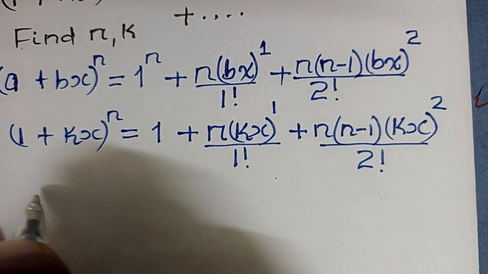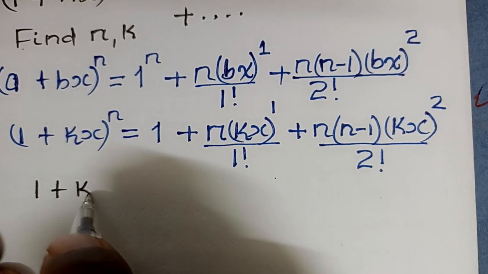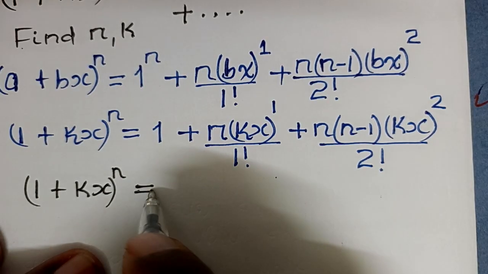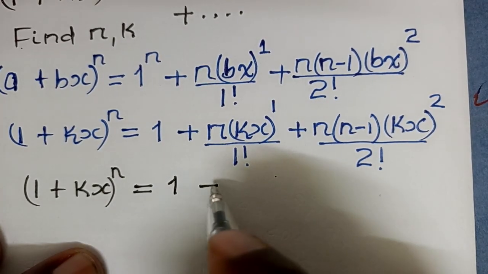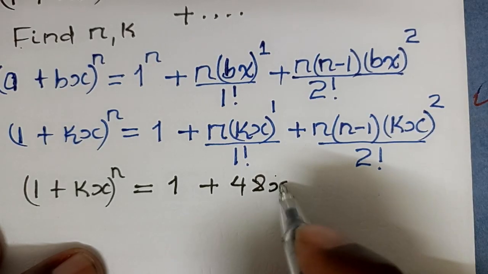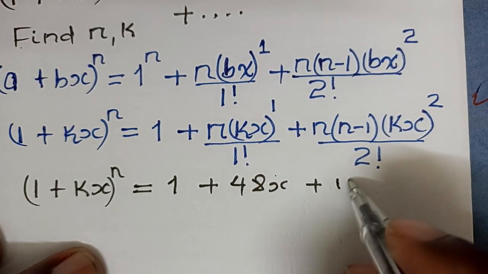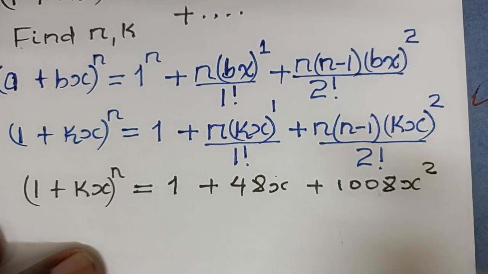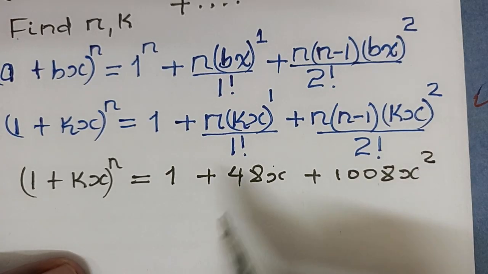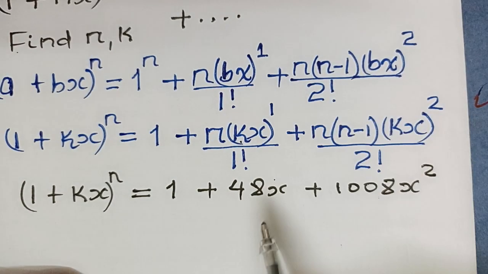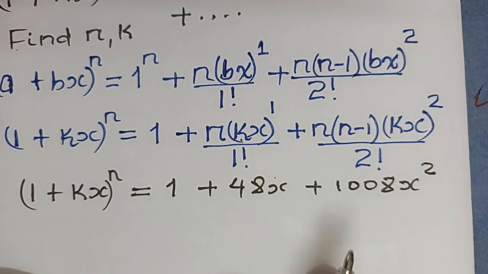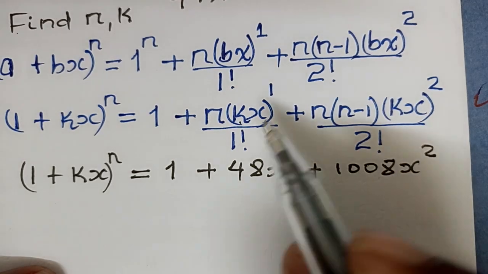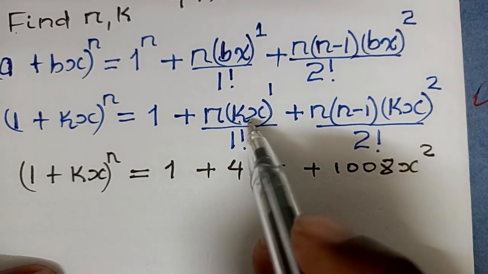Let me just write it here: 1 plus kx raised to n should give us 1 plus 48x plus 108x squared. It's actually this term and this term. And so, as you can see, the coefficient of x here is 48, which should be the same as the coefficient of x at this point.